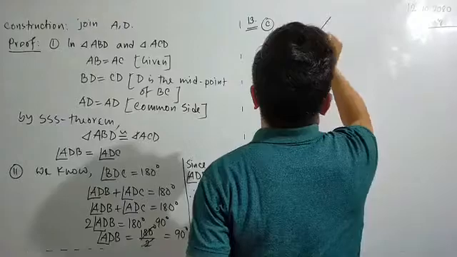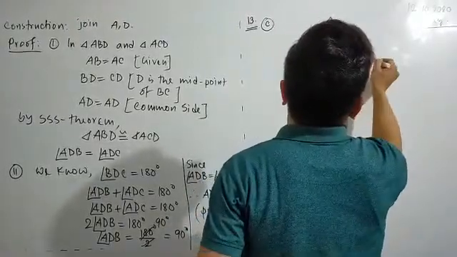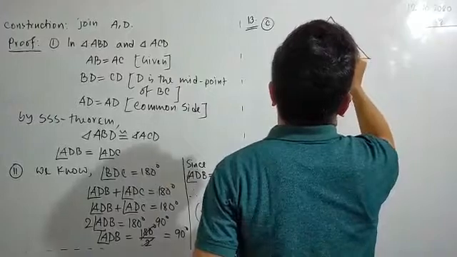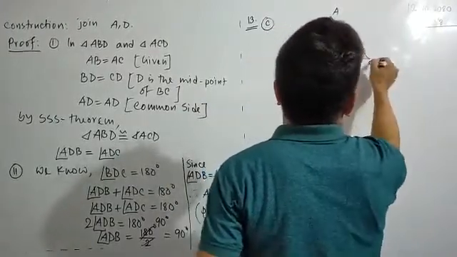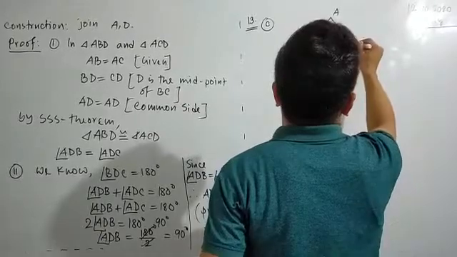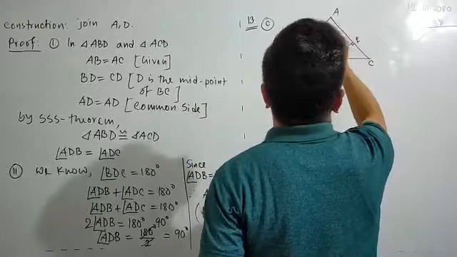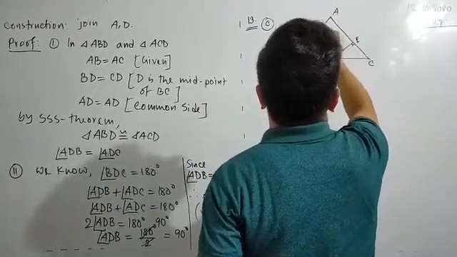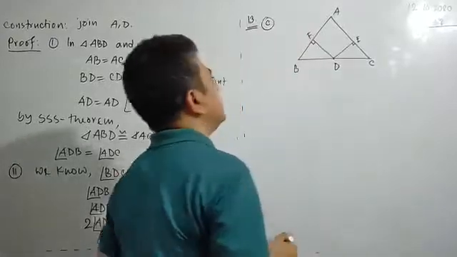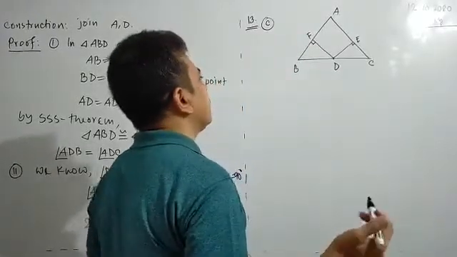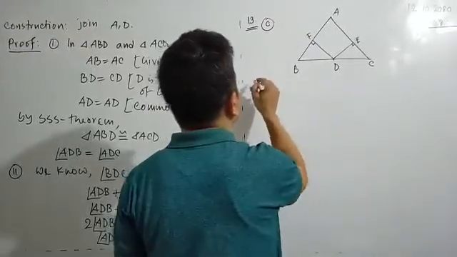So look at that here. This is the isosceles triangle. Okay, this is the midpoint of BC. A, B, and C. Okay, this is DE, and this is DF. So we have to prove DE equals DF.